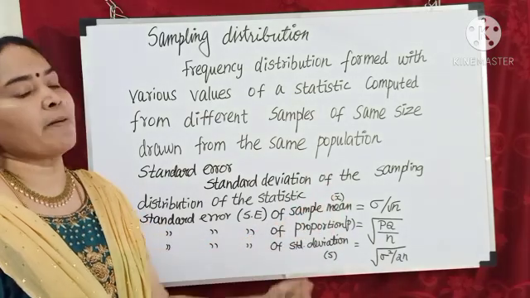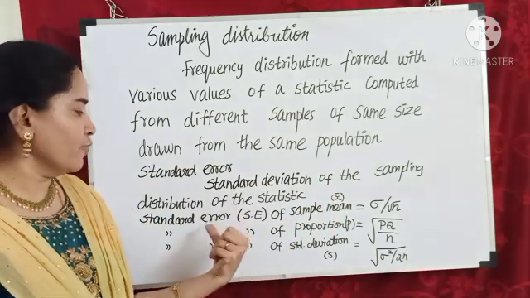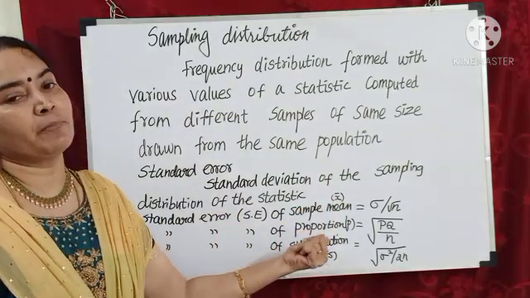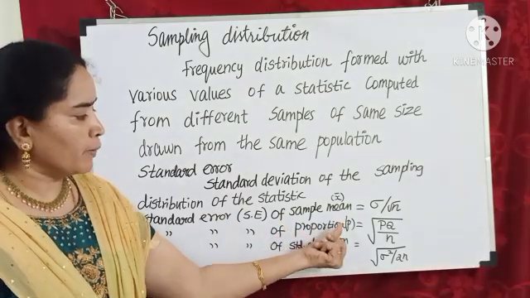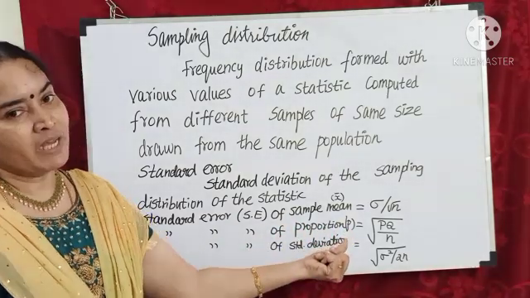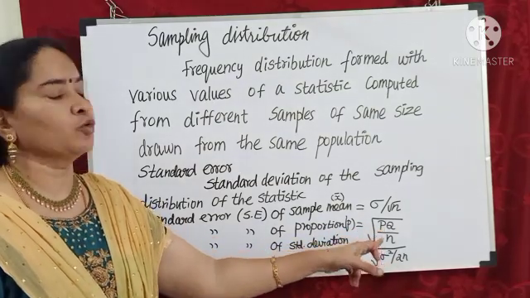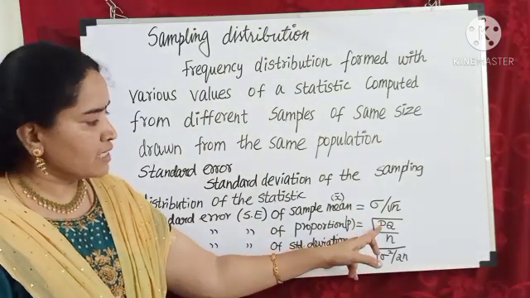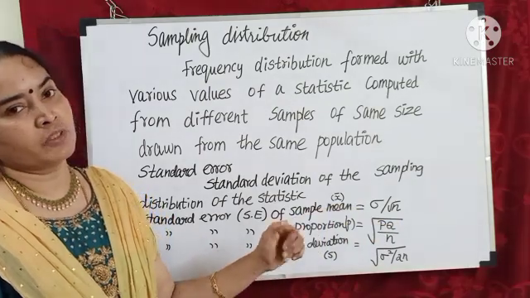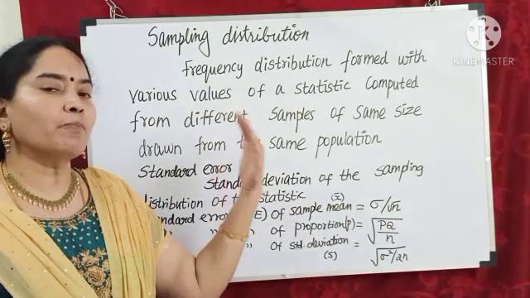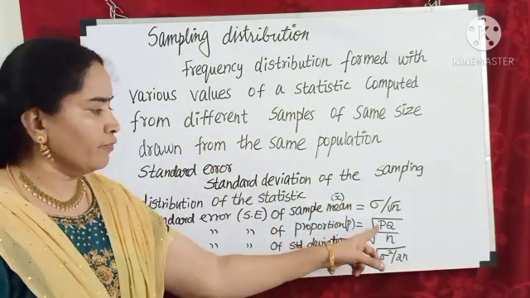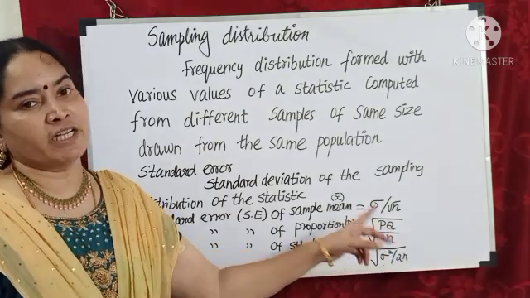Not only for sample mean, I can also find the standard error of sample proportion. Sample proportion we call small p, and standard error we have defined as root of PQ by n. Capital P and capital Q, the proportion values of the population. One if I take as success, the other one is failure.